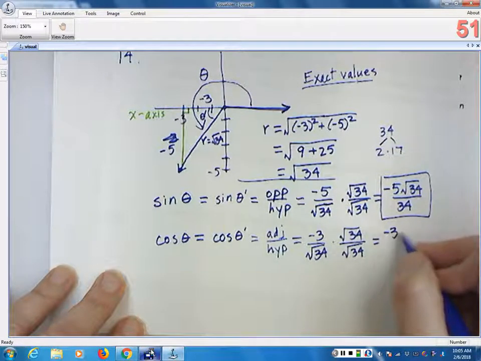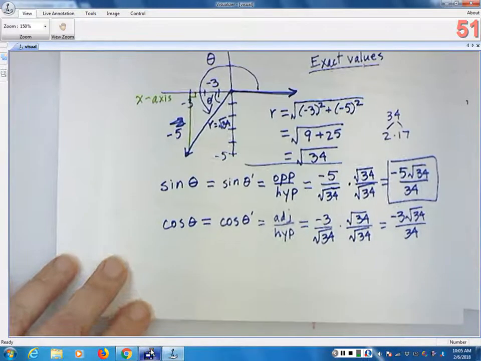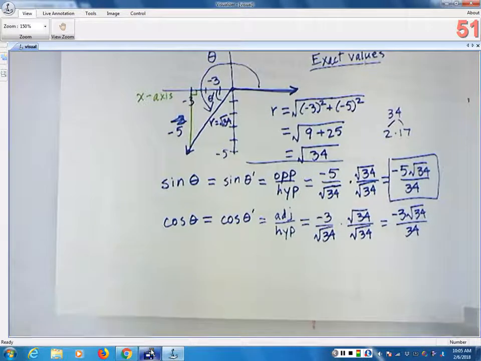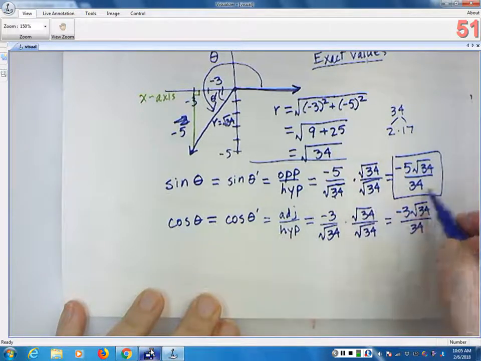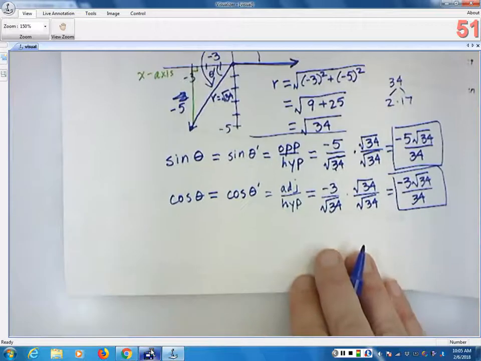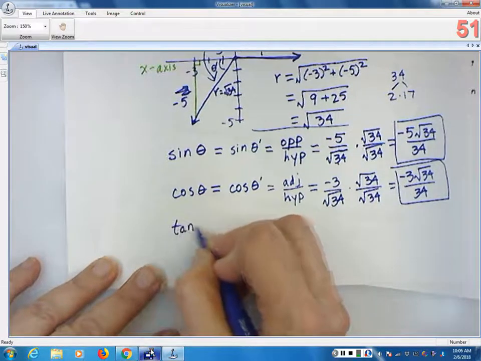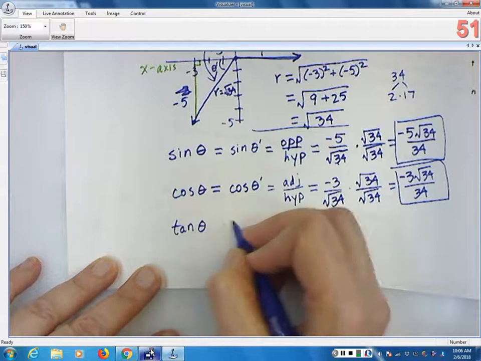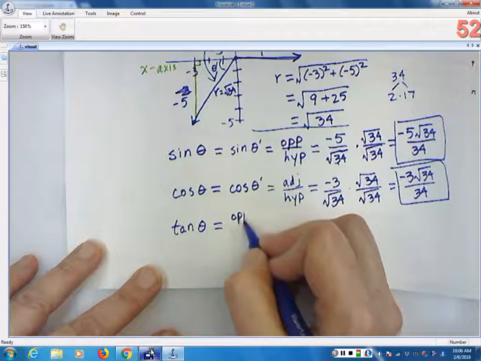Show your work. Some of you were leaving the 34 off. When you take the square root of 34 times the square root of 34, you get 34. It doesn't just appear. Look back. I marked up your worksheets. Tangent theta is going to be opposite over adjacent.